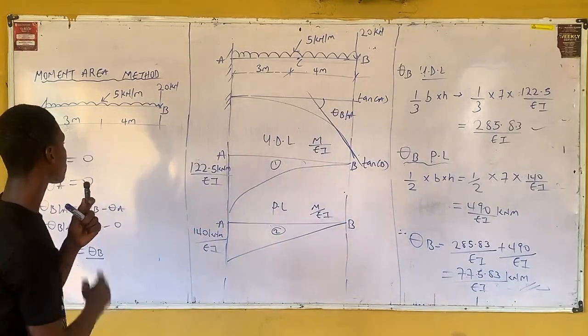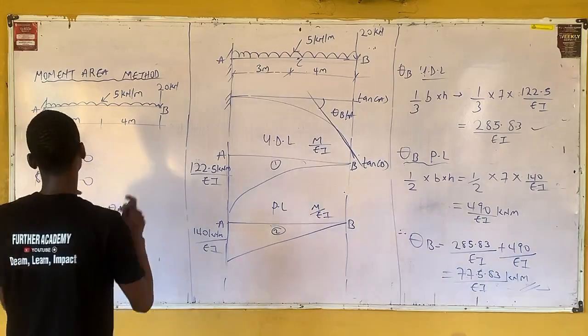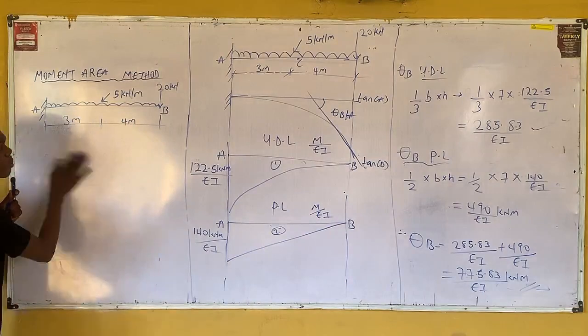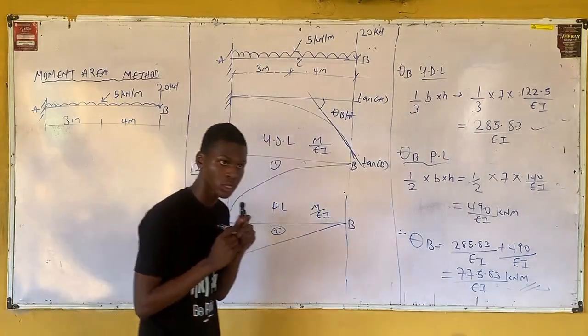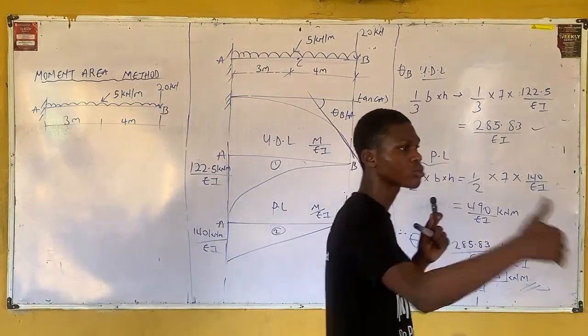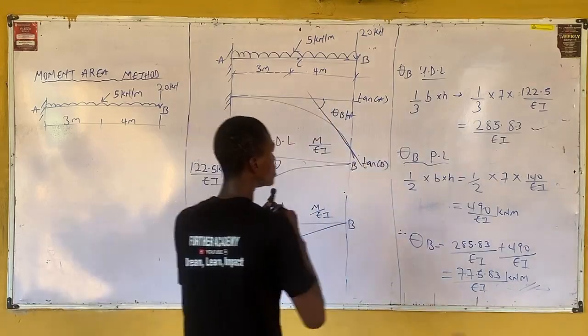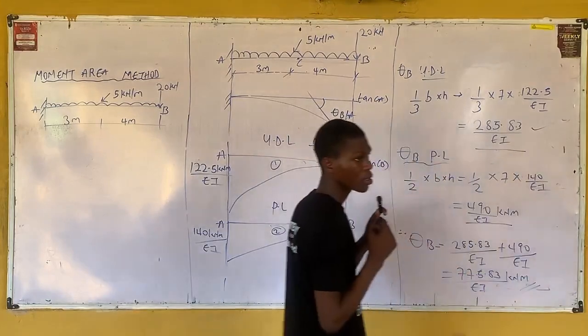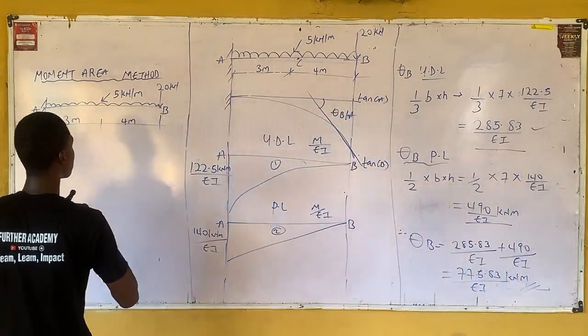Now let's solve for the deflection. What's the difference between slope and deflection? Centroid with respect to that point. Meaning these two area values remain the same. Now let's solve for the centroid.